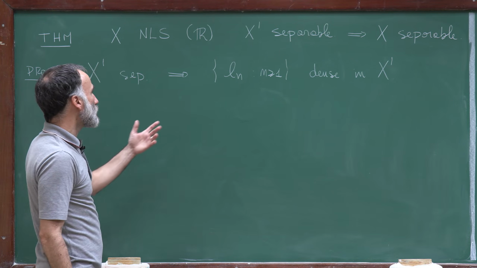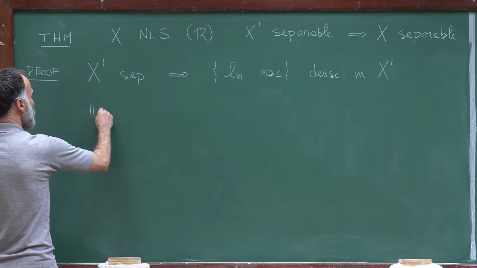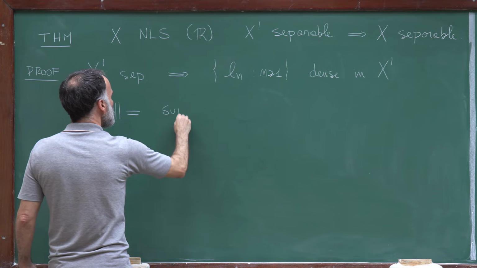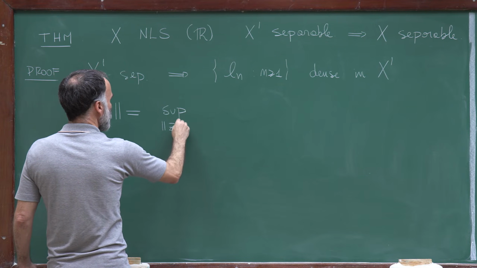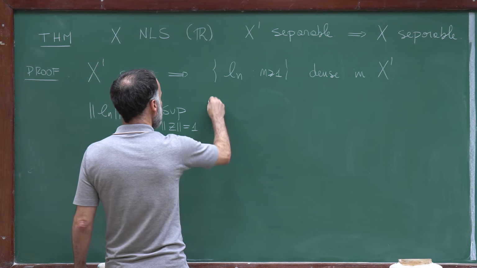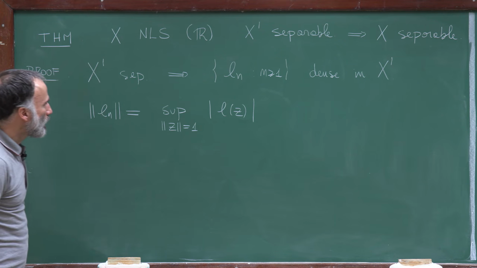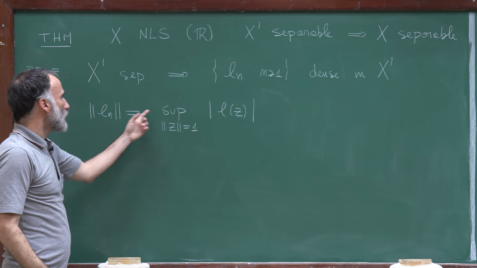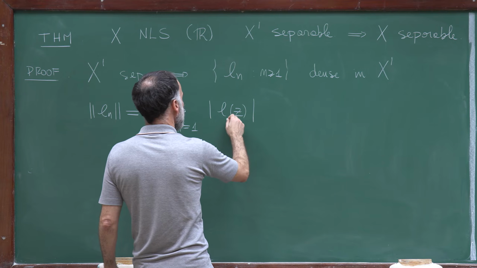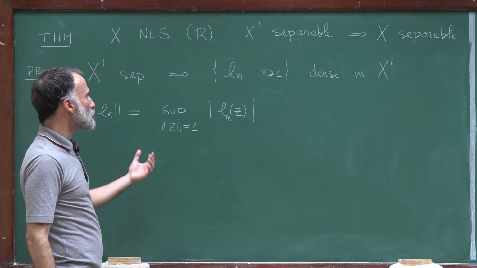And for that, we will start with an observation that has been used here many times. The norm of Ln is equal to the supremum over all elements z in X which have norm equal to 1, of |Ln z|. And since this is a supremum, if I fix Ln, I can find one which almost attains it.